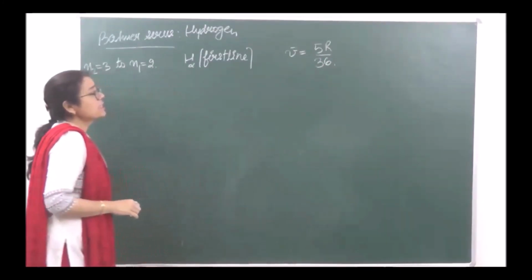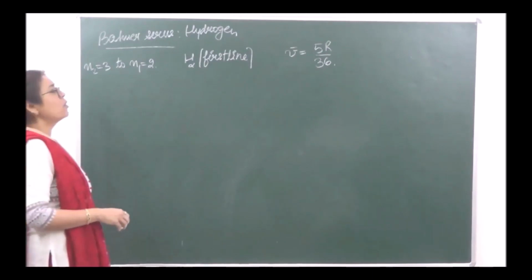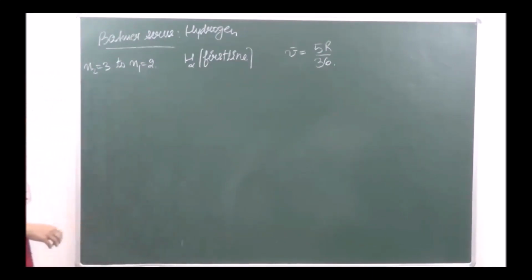The calculation is done by the same formula, 1 upon lambda, mu bar is equal to R, which is the Rydberg constant with a value of 109677, into 1 upon N1 square minus 1 upon N2 square. So when you calculate that, it comes to 5 upon 36 R for the first line, H alpha.